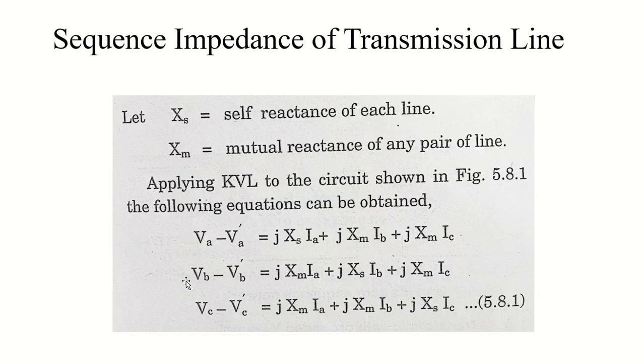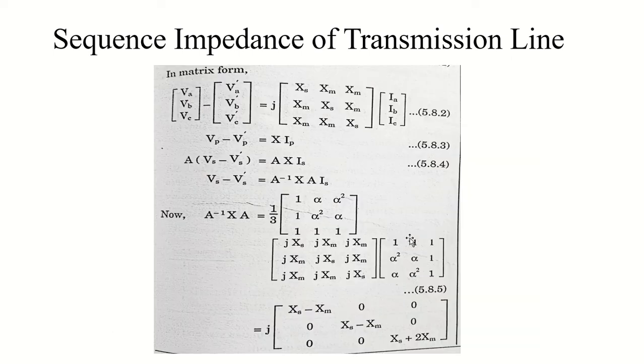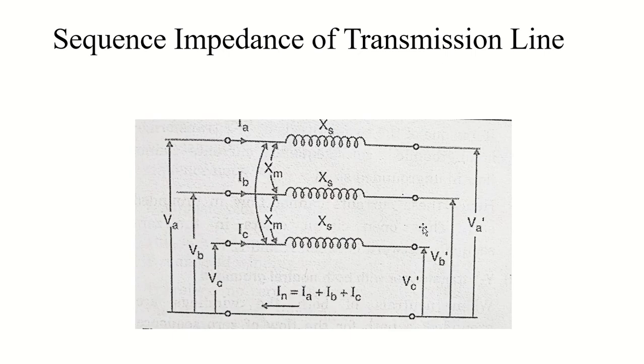So for current Ia, its self reactance will be included in the calculation of impedance. For Ib, mutual reactance will be included, and for Ic, mutual reactance will be included, because we are calculating between Va and Va dash.